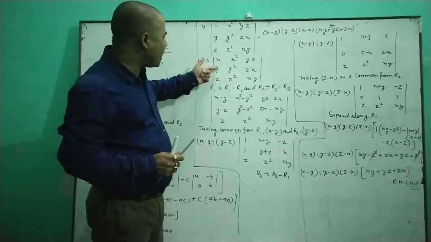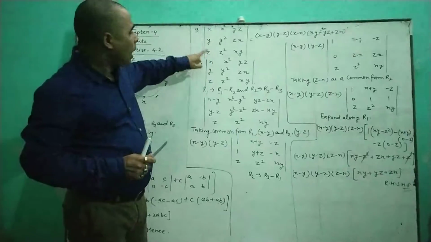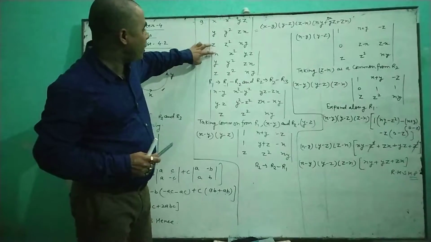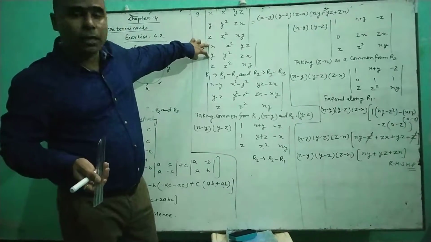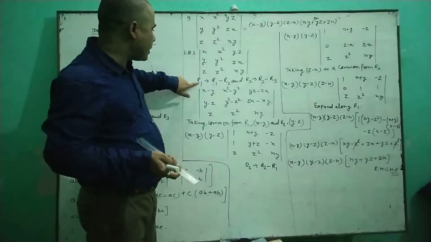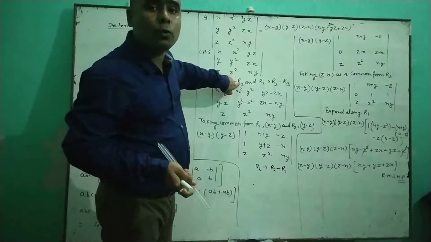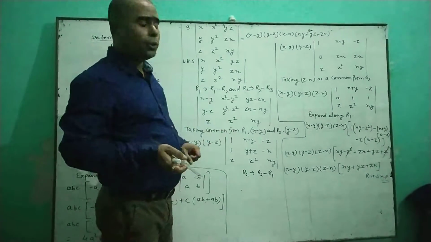Now how can we get x minus y? In R1 we have x and in R2 we have y. When R1 minus R2 is there, we get x minus y. So we write the property R1 tends to R1 minus R2. And when do we get y minus z?